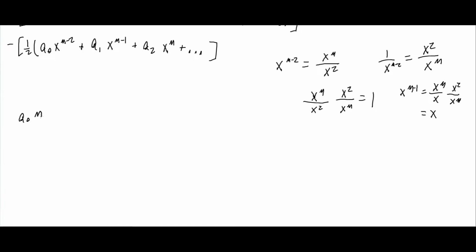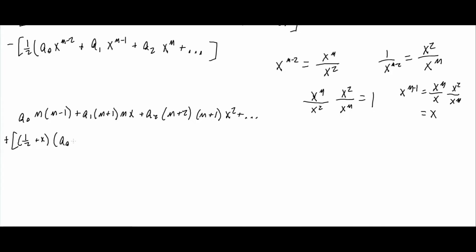naught times m times m minus 1, plus a1 times m plus 1 times m, x, plus a2 times m plus 2 times m plus 1, x squared, plus, and then we have our next term here, which is the first derivative, and remember that had that 1 half plus x, and then we had the a naught m plus a1 times m plus 1 x plus a2 times m plus 2 x squared, and so on to infinity.